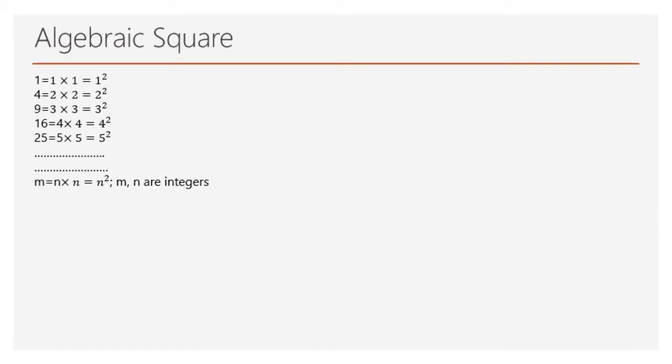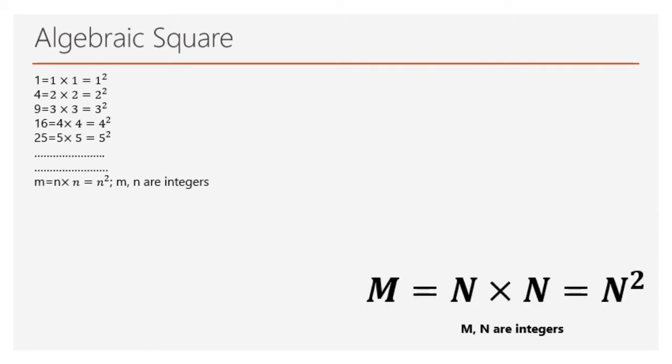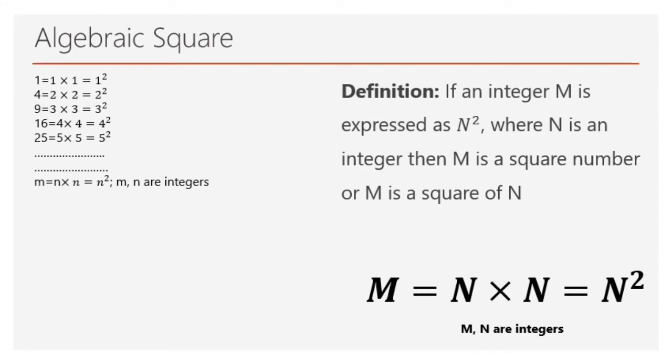m is equal to n into n, which is equal to n square, where m and n are integers. You might have observed in the given pattern that the numbers are expressed as the product of two equal factors. Such numbers are called squares. In general, the definition of a square number is: if an integer m is expressed as n square, where n is an integer, then m is a square number, or m is a square of n.